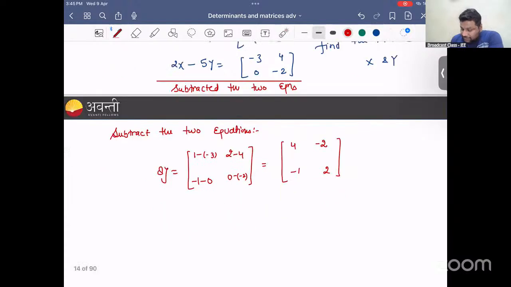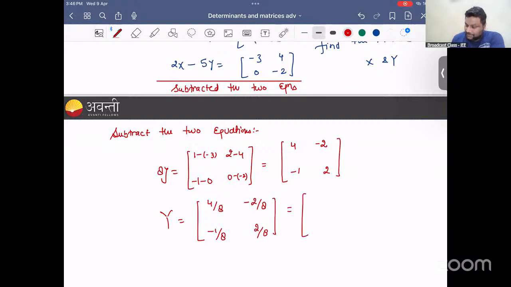So in this way, your y will be 4 by 8, minus 2 by 8, minus 1 by 8, 2 by 8. So this became 1 by 2, minus 1 by 4, minus 1 by 8 and 1 by 4. This is your y.